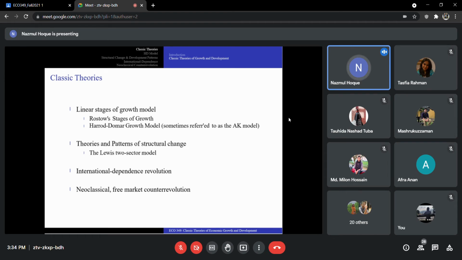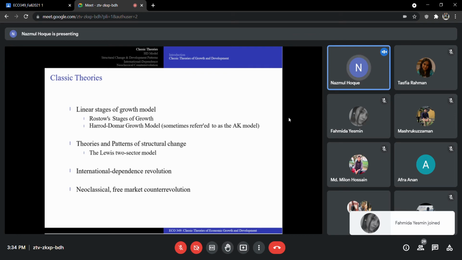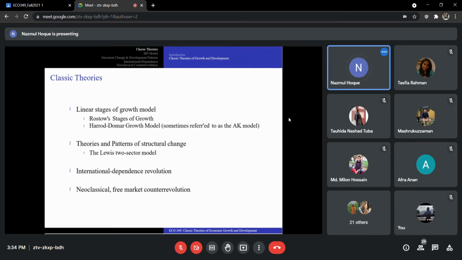After the destruction of the war, Western Europe, with the help of the US, increasing their savings and also receiving some foreign aid as well as technical assistance from the US, managed to grow at a faster rate, and they quickly recovered from the bad scenario.